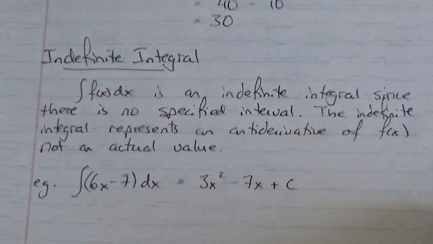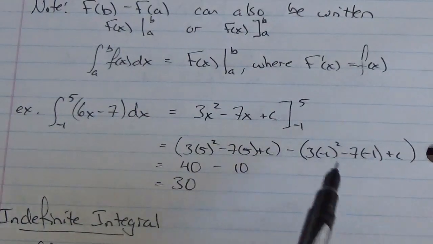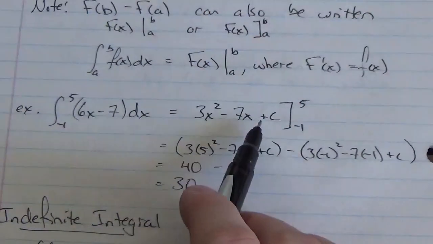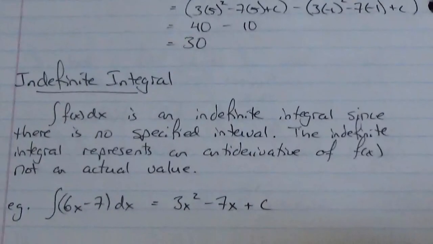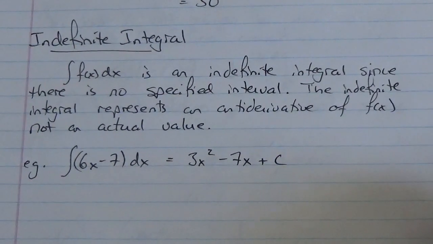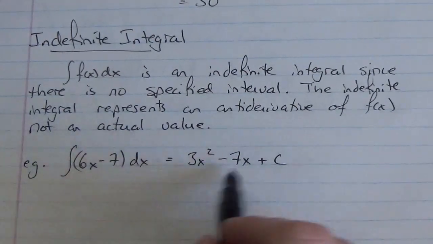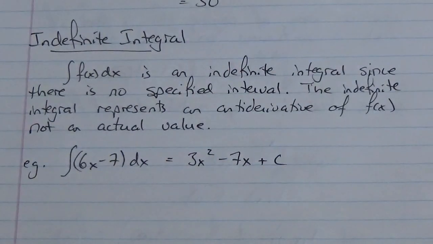Now in the previous work that I did up here, my c's canceled. In fact, anytime I was evaluating that between those two limits, the c was always going to cancel, so I really don't even need to write the c. It's not affecting my answer. But here I do need to write the c, because this isn't being evaluated between two limits. I need to recognize that that's the antiderivative of this function, and that I need to include an arbitrary constant in that answer as well.